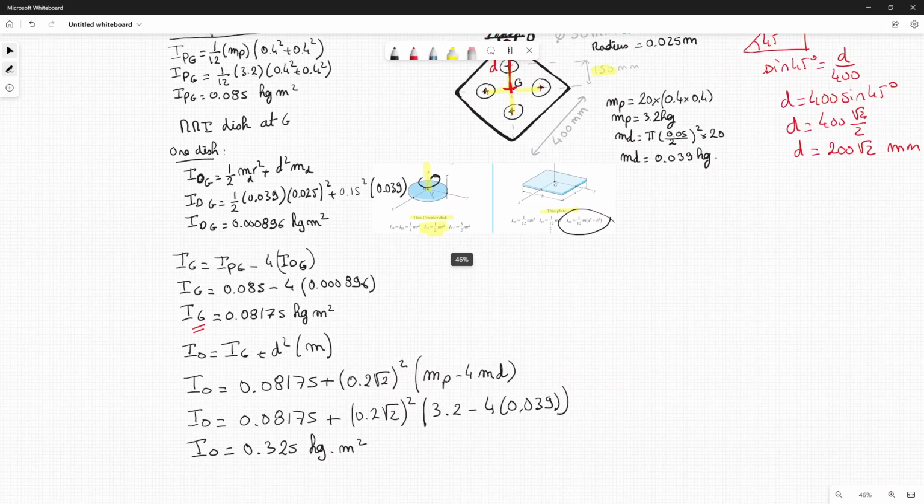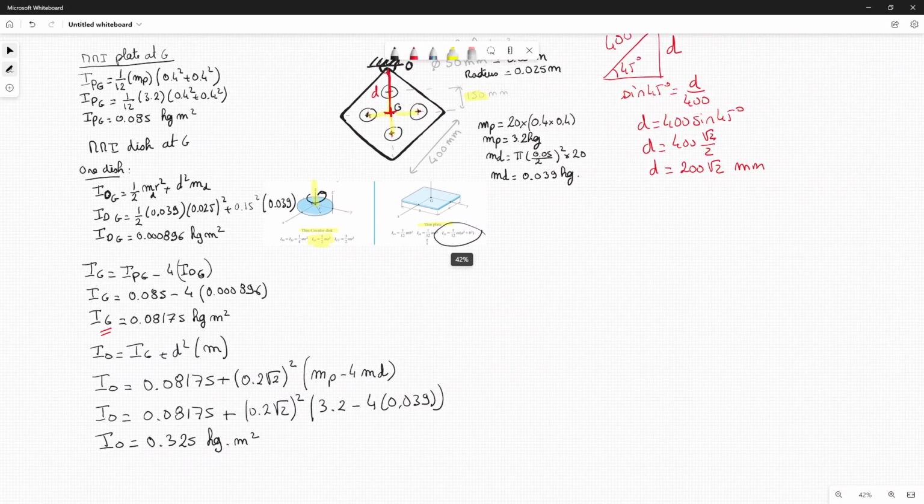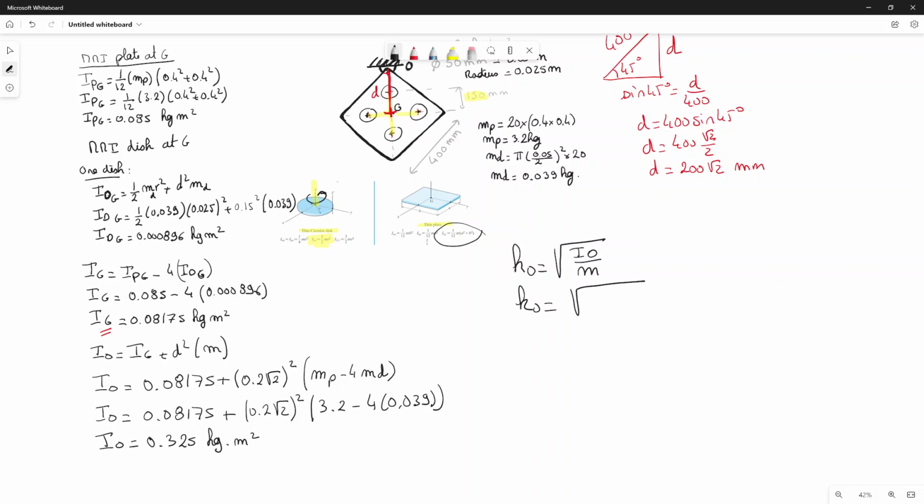Let's see if we get something that looks correct if we look at KO. So KO is the square root of IO divided by the mass. So we should have KO equal the square root of 0.325 divided by the mass. The mass was 3.2 minus 4 times 0.039. Forgot parentheses there.